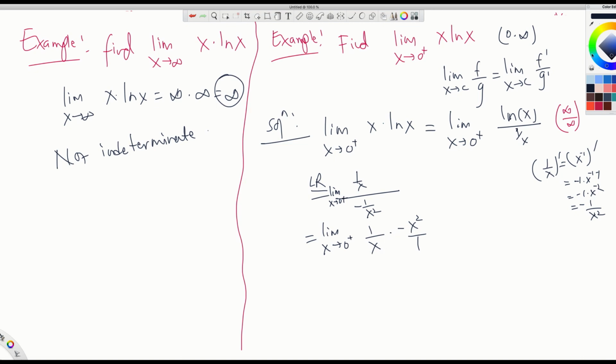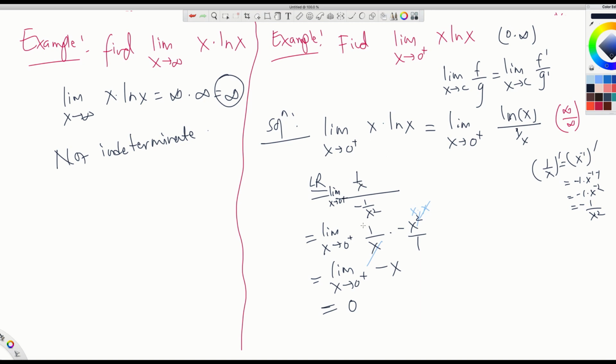Now if you simplify this, x squared divided by x is basically x times x divided by x, so you cancel one of the x's. So basically you get the limit as x tends to 0 plus of negative x. When you plug that in, you get 0, right? So basically the limit of this is 0.